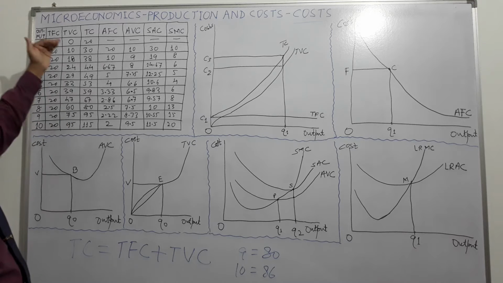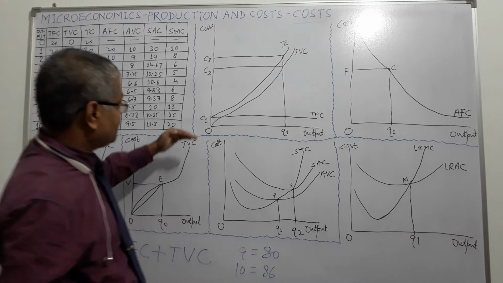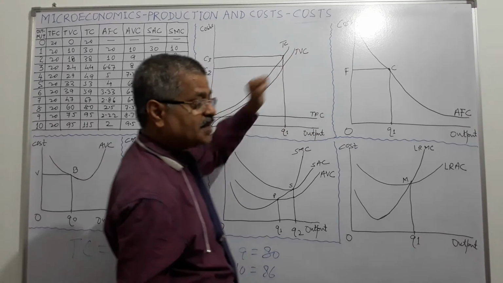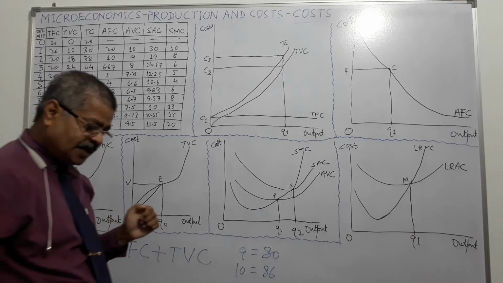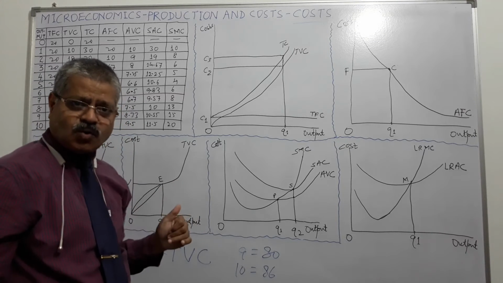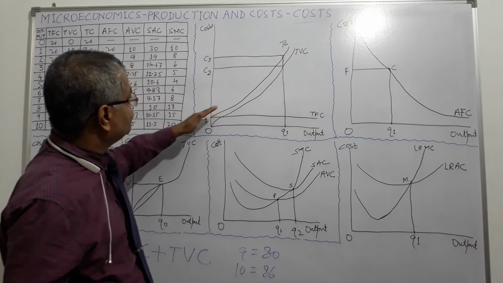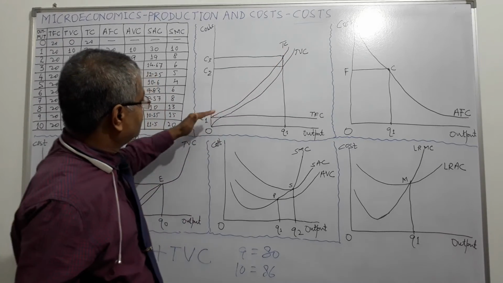As output increases, total variable cost increases. And when total variable cost increases, naturally total cost will increase, right? Total cost is going up here.